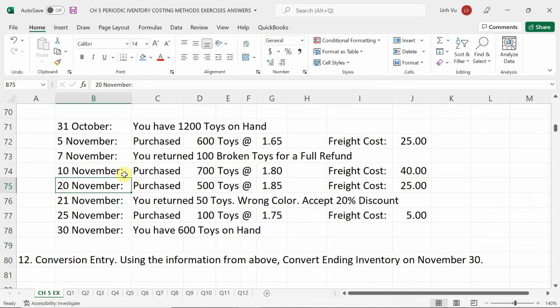And then let's see. Making sure we didn't skip any here. Last but not least, on November 25th, we end up purchasing our last additional 100 toys at $1.75 with a freight of $5.